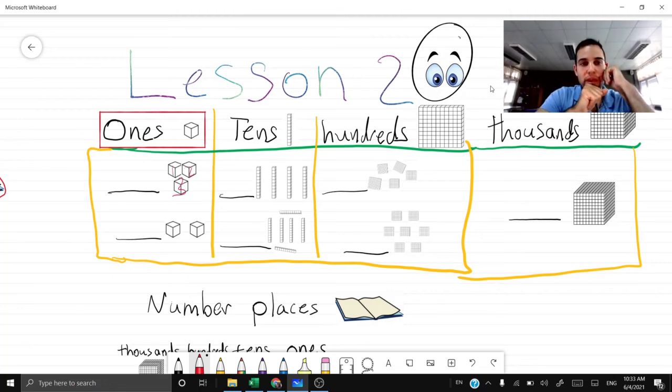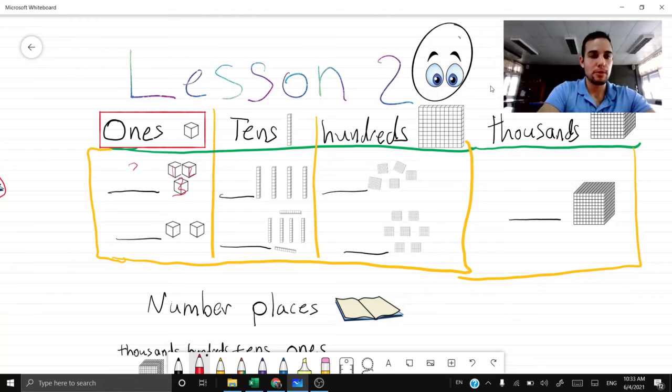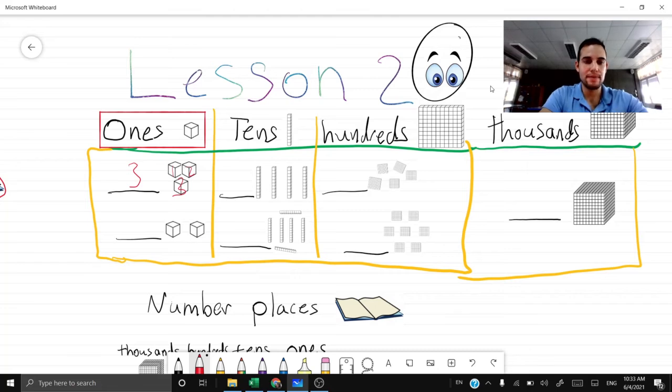That means we have 3 ones. So we will write the number 3 here. And how many ones do we have underneath? 1, 2. We have 2 ones.